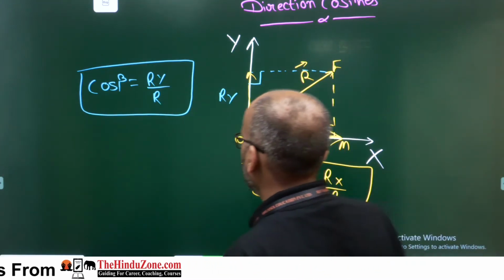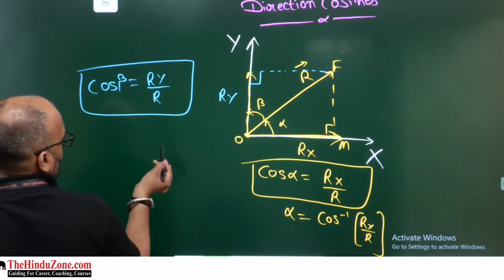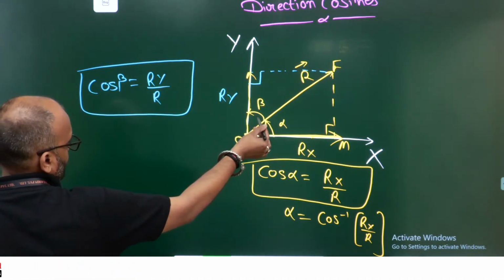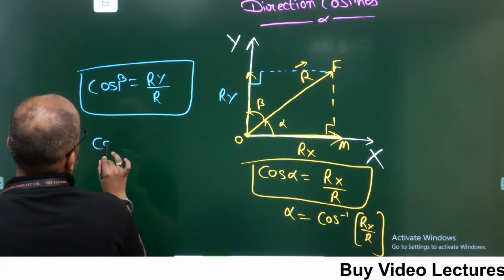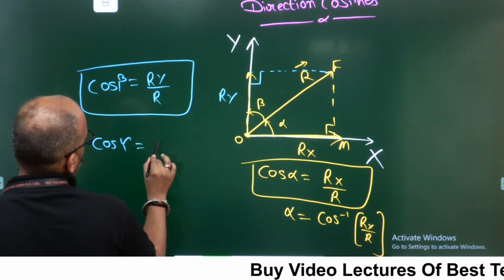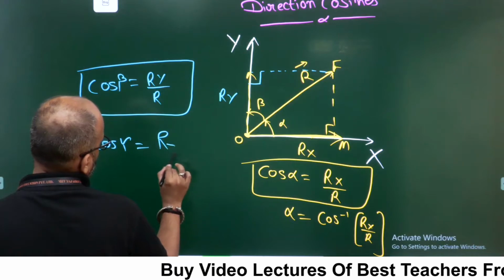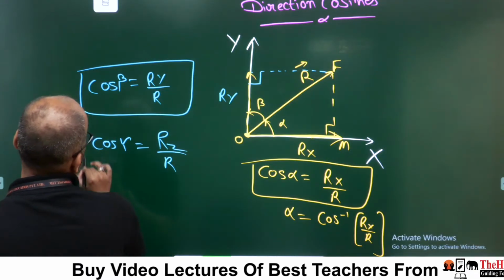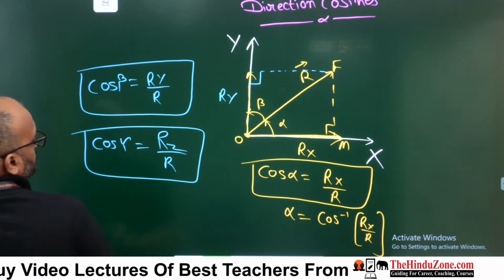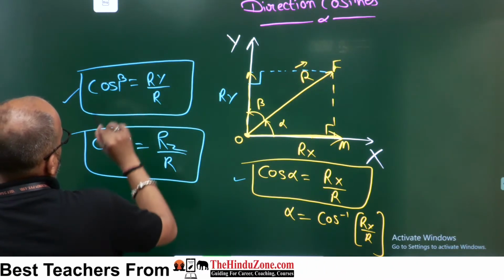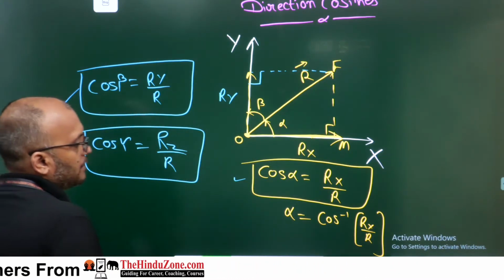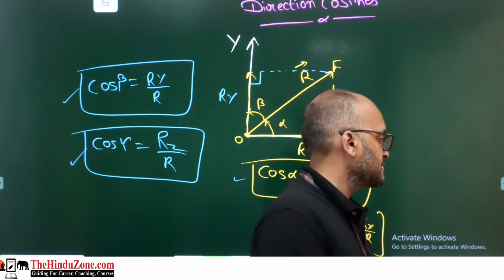Similarly, if I calculate for z axis, and if this vector is making some angle gamma with the z axis, so cos gamma is equal to Rz upon R, yes or no? This is cos alpha along x axis, cos beta along y axis, cos gamma along z axis.